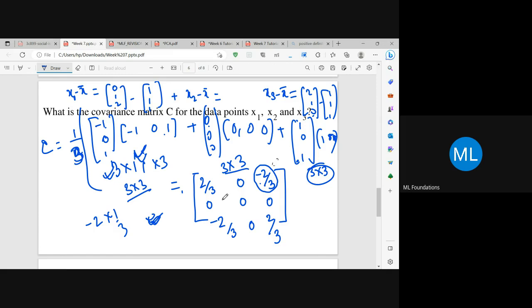Got it? See, -1 into 1. So it should be -1 from here. From here it is 0. From 1 minus 1 into -1. Yes, so sir, -1, -1, -2, and then multiplied with 1/3. This should be -2/3. Right?